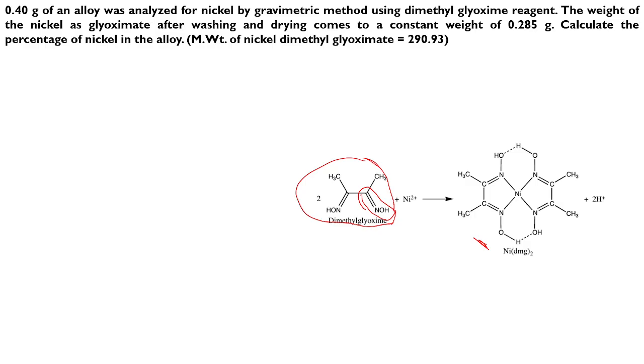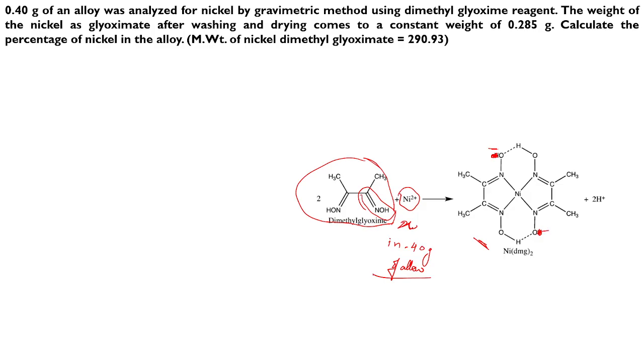0.285 gram. Okay, after this reaction, whatever amount of nickel, for example, which is X in 0.4 gram of alloy. Okay, in 0.4 gram of alloy, X amount of nickel is there, and this X amount of nickel is reacting with this dimethyl glyoxime to give this glyoximate. Here, glyoximate means this hydrogen is removed from here, which gives a negative sign here.